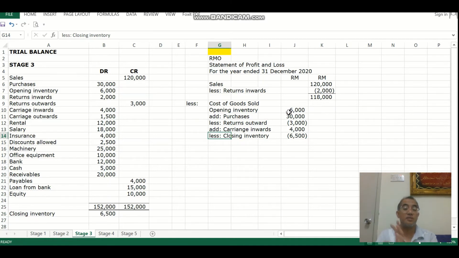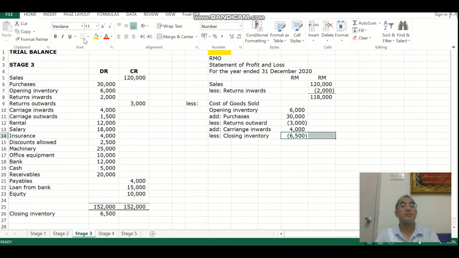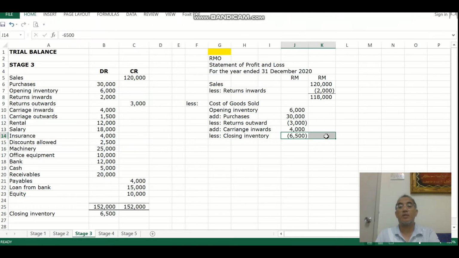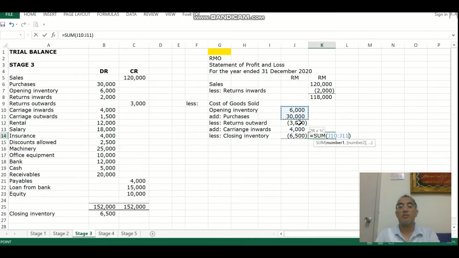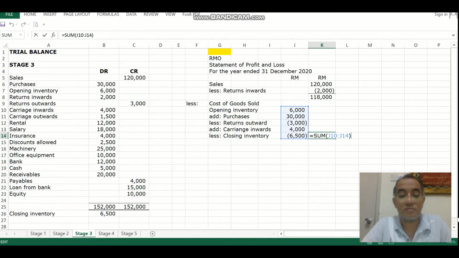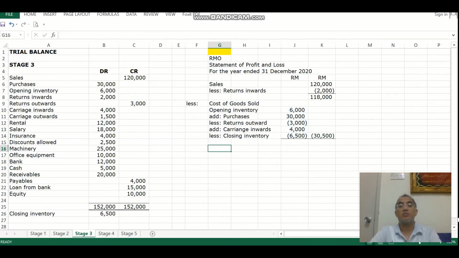So you add and minus all those together. If you have a calculator, you can calculate. If you have Excel, you can do it by Excel.